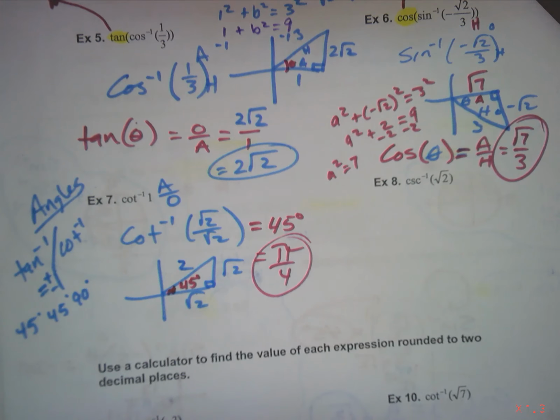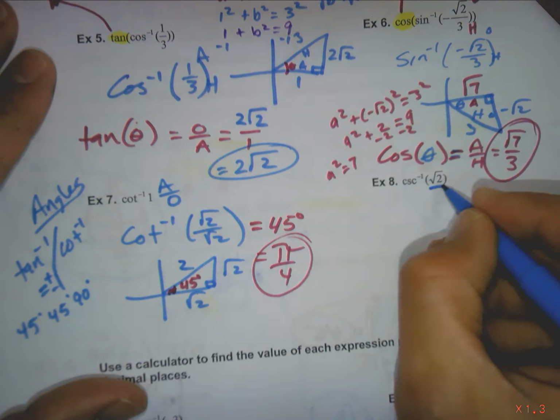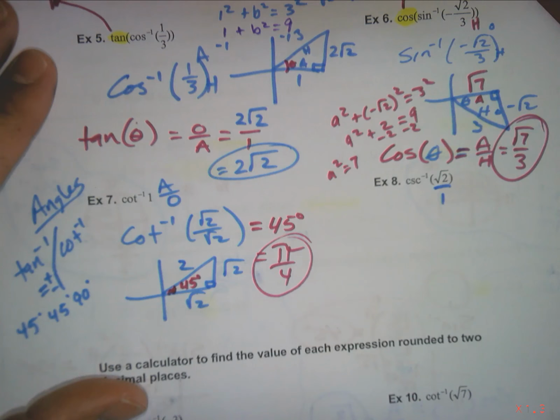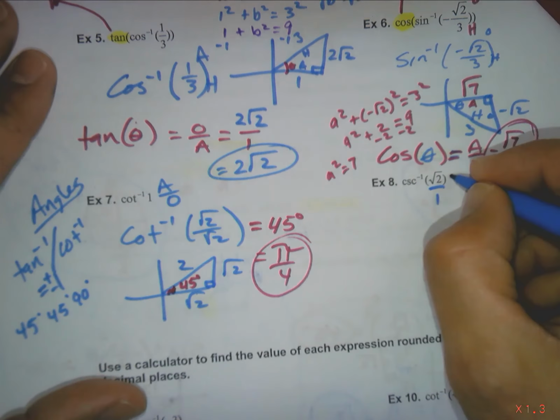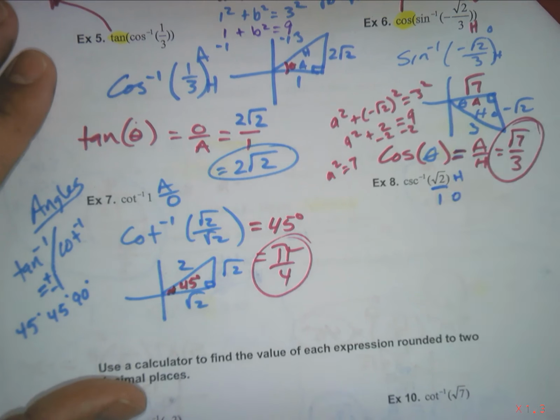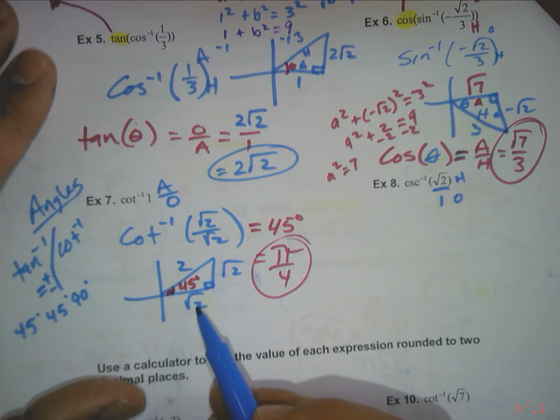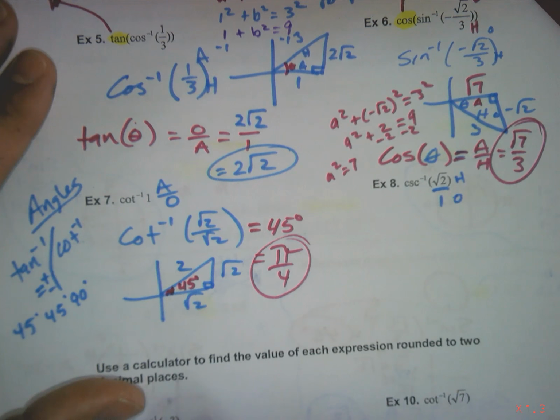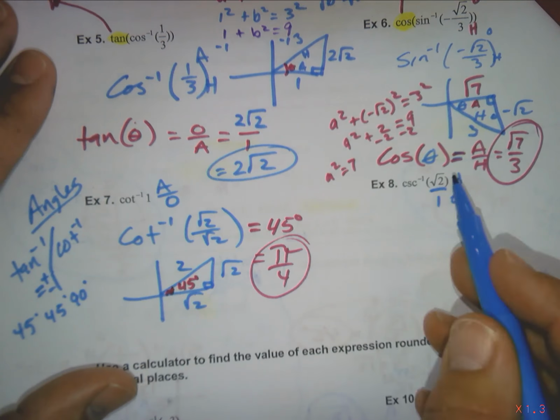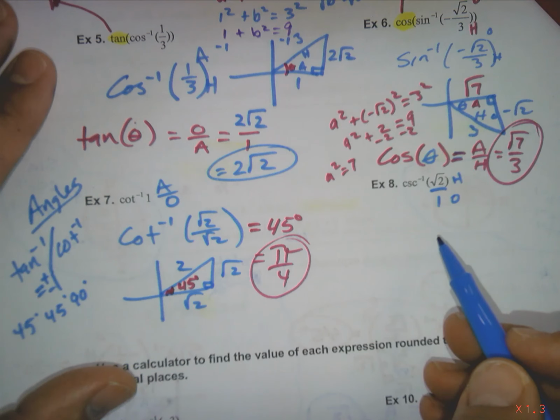All right, so when you're doing example 8, again, we're looking for angles. I'm thinking this is root 2 over 1 when I see something like this. Okay. Well, this is H and this is O. I normally see root 2's as my opposite leg, not my hypotenuse. So what do you think they did here when they have H over O?